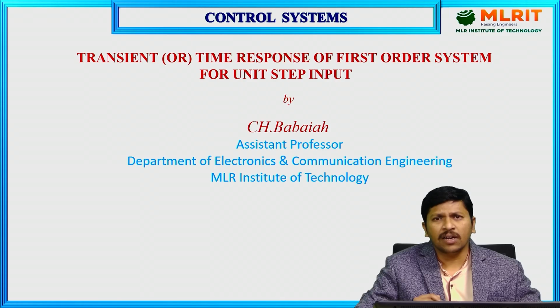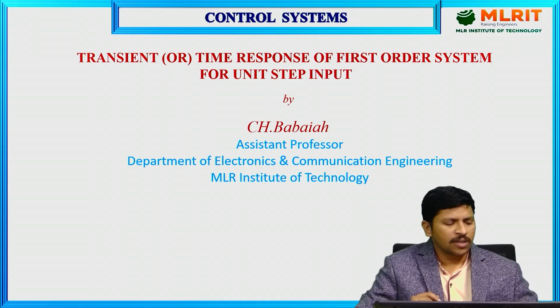All these are the standard test signals which are used to test the performance of any given system. So here I am going to derive the time response, or transient response, of the first order system by applying a unit step input.